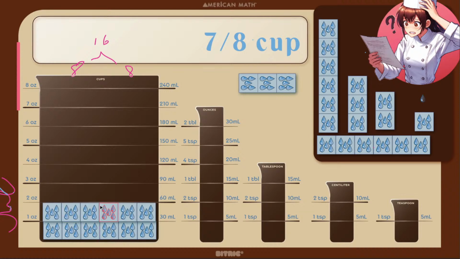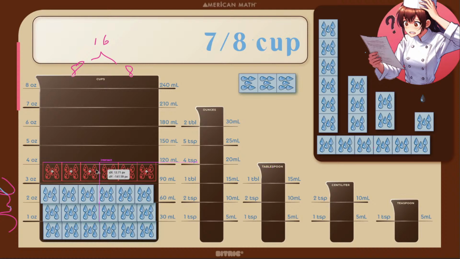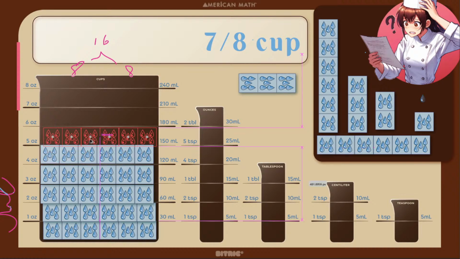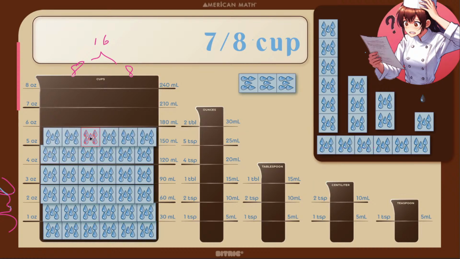So this would be 2/8 or 1/4, 3/8, 4/8 or 2/4, aka half a cup, 5/8, 6/8, which is 3/4, and 7/8, which is 7 ounces. Boom.